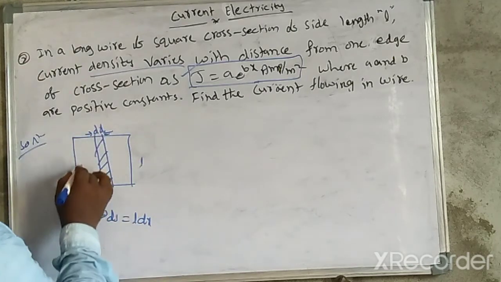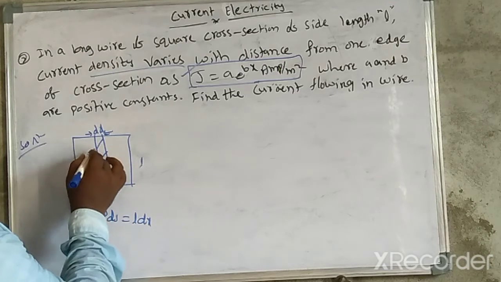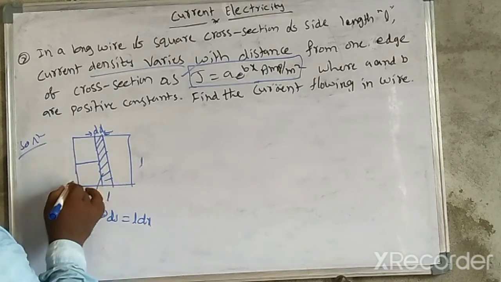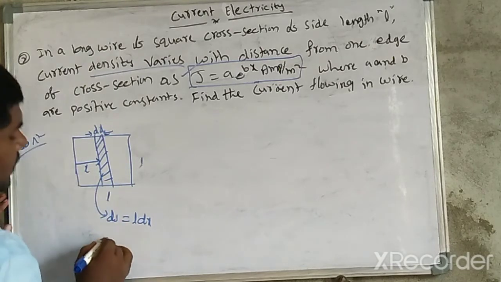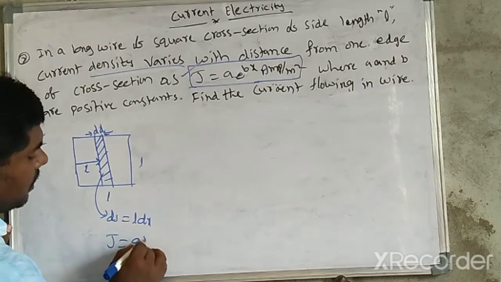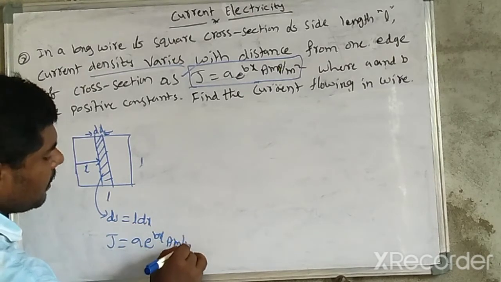Let us consider dx from one edge at distance x. Here the current density is equal to A e power bx ampere per meter square.